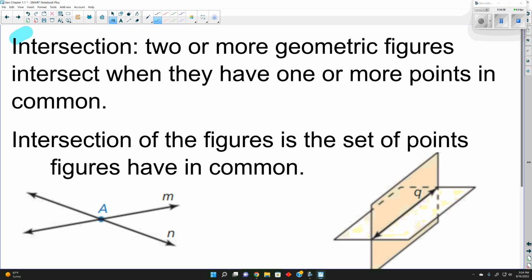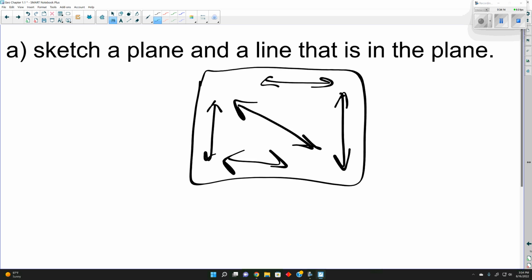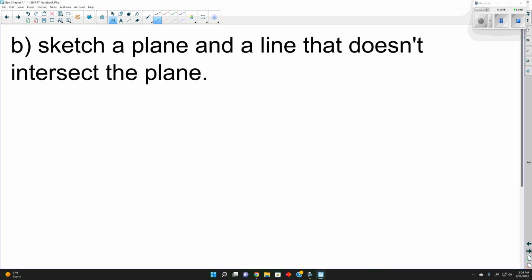Two or more geometric figures intersect when they have one or more points in common. Oh, I think I understood it. I'm not for sure. I am for sure I did not understand that. I know. I had it at least because I lost it. So where would we draw the line?